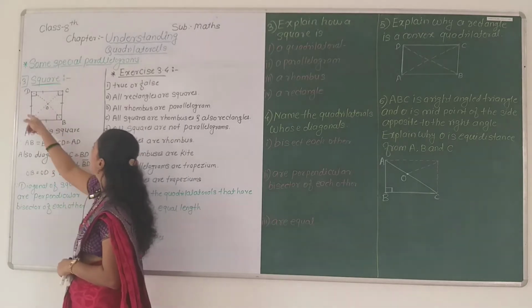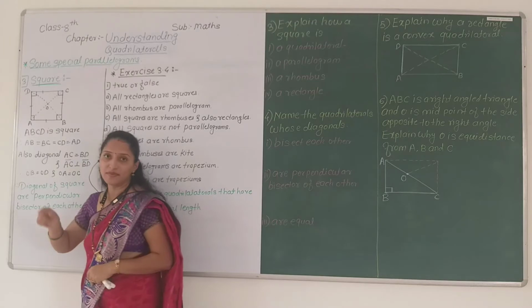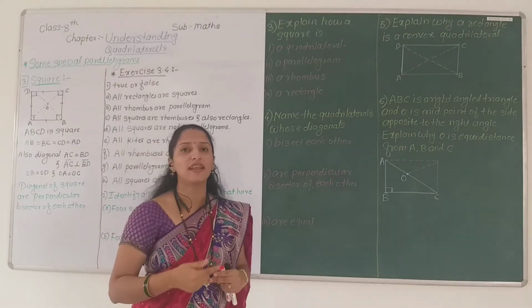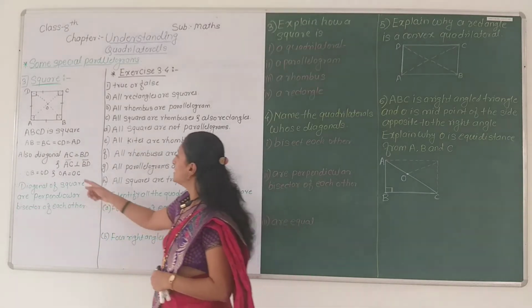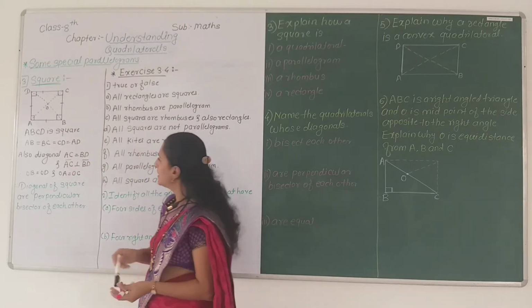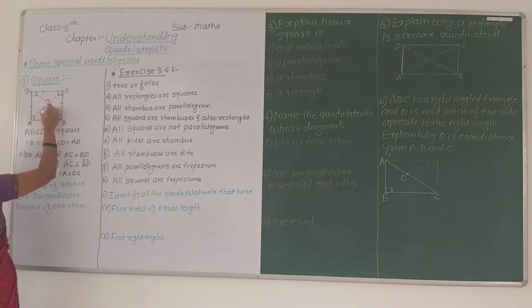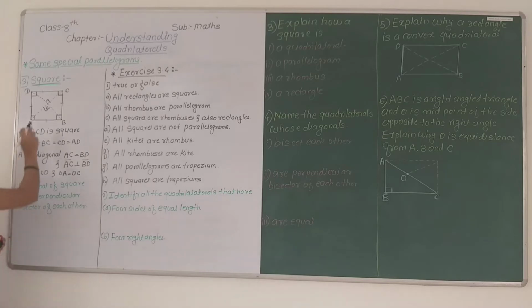So, what about diagonals of a square? Diagonals are AC and BD and both the diagonals are the same. That is, diagonals of a square have the same length. Also, they are perpendicular to each other. So here we get OB is equal to OD and OC is equal to OA.